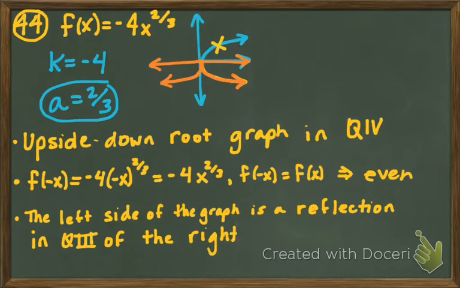And we don't need to say again that it's in quadrant 4 because we already said that in an earlier part of the direction. And that is the last example of your 2-2 evens.